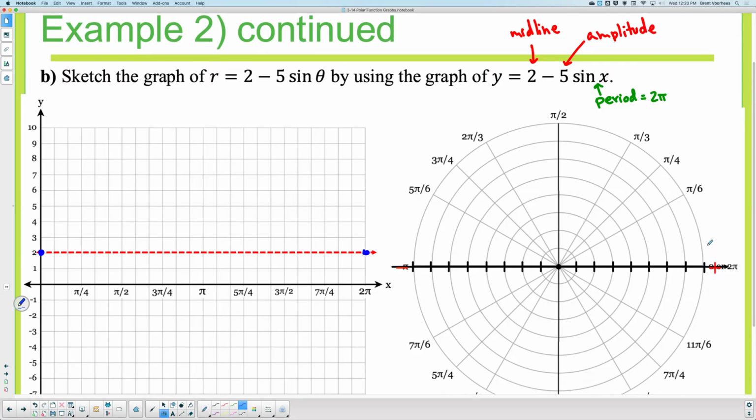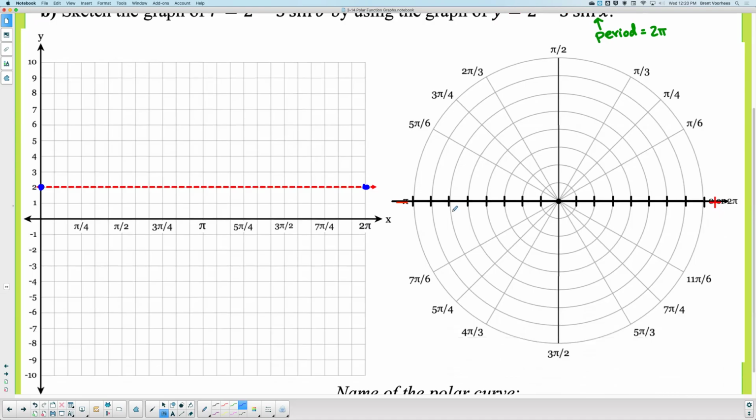Now sine is supposed to start increasing first, but because of this negative, sine will not increase. What will it do instead? It'll decrease. So we should get the maximum at pi over 2. That means at pi over 2, we'll actually get the minimum. At pi over 2, go down 5 units. 1, 2, 3, 4, 5. So sine goes up to its maximum. Sine returns to its midline at pi.